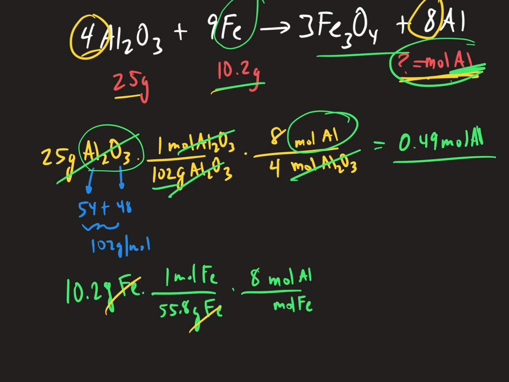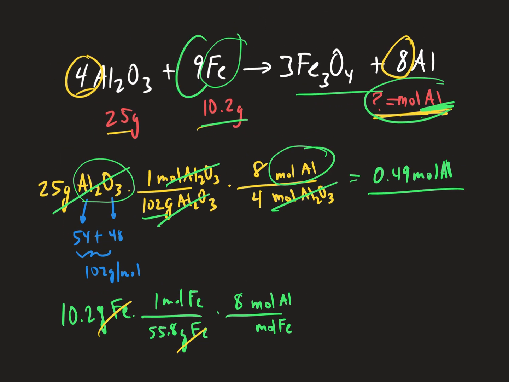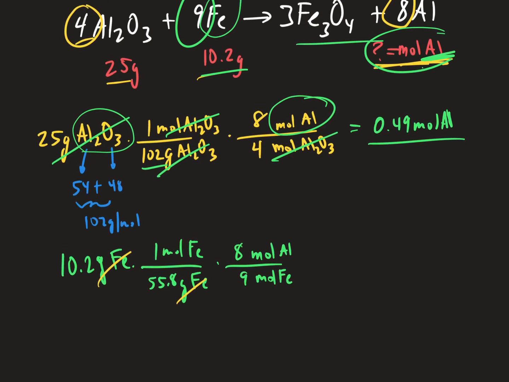9. Okay. That goes away. Then we'll do 10.2 divided by 55.8, multiply by 8, divide by 9.